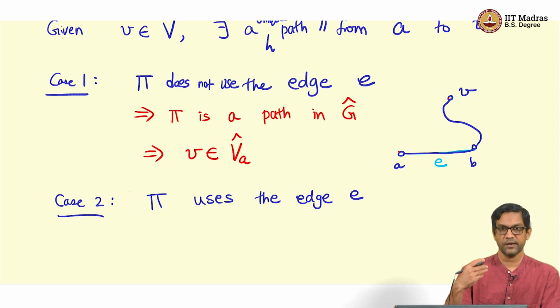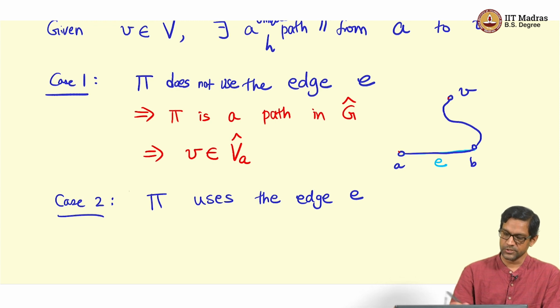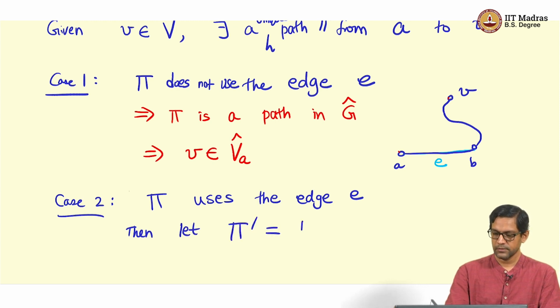So, we are just using the definitions of these terms like path and so on very carefully. Okay. So, if pi uses the edge E, then let pi prime be the path pi from which E has been deleted.